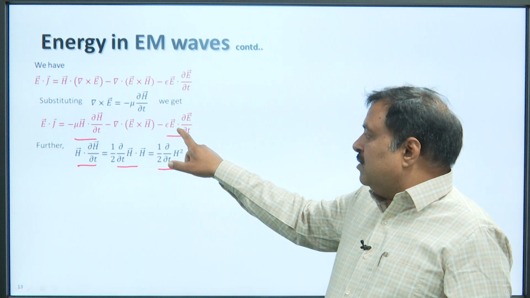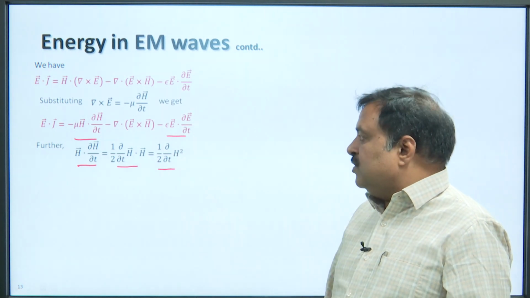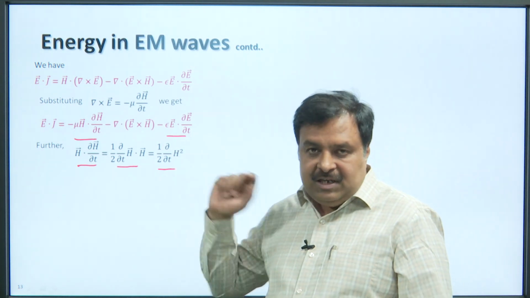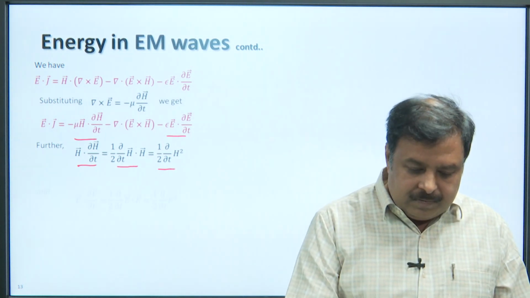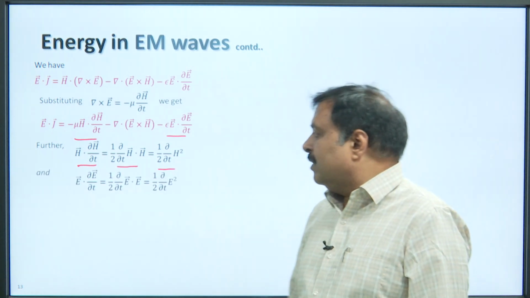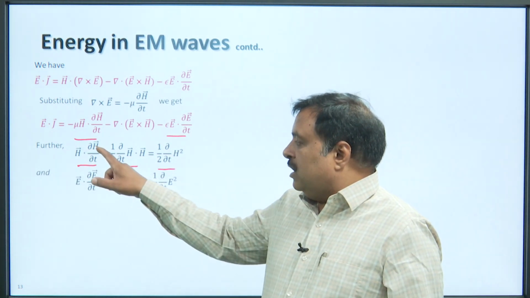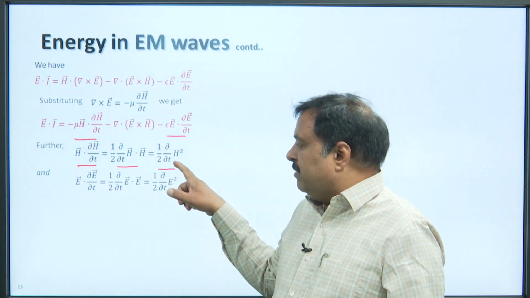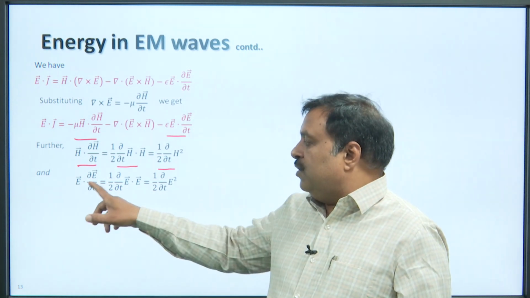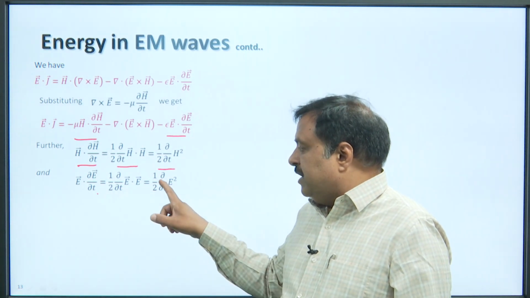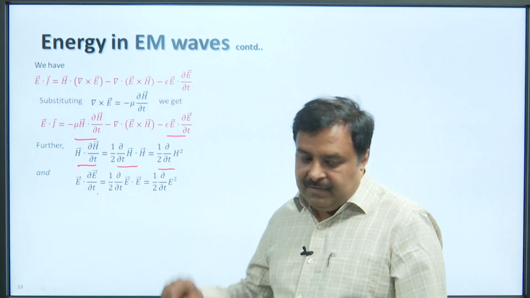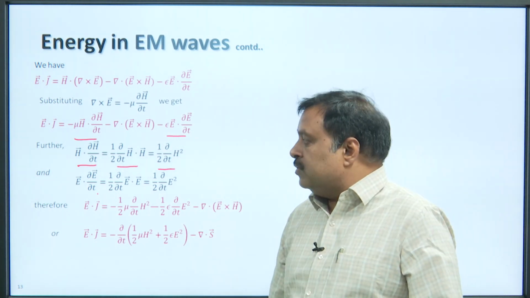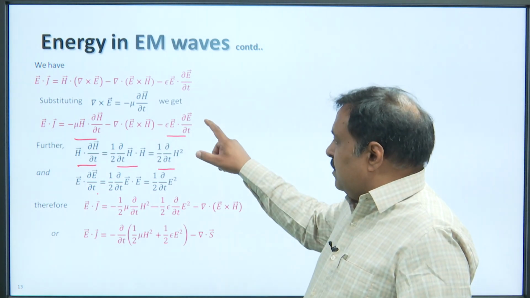Similarly, this term E dot delta E by delta t, you can write as half delta by delta t of E square. Like H dot delta H by delta t, you have written it as half delta by delta t H square, similarly E dot delta E by delta t, you can write it as half delta by delta t of E square.